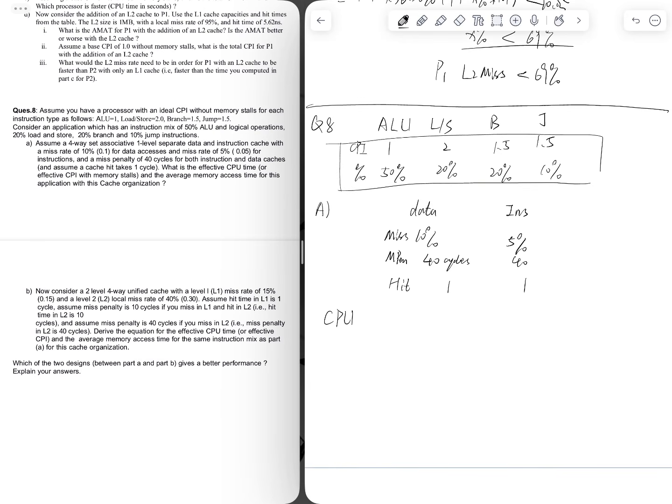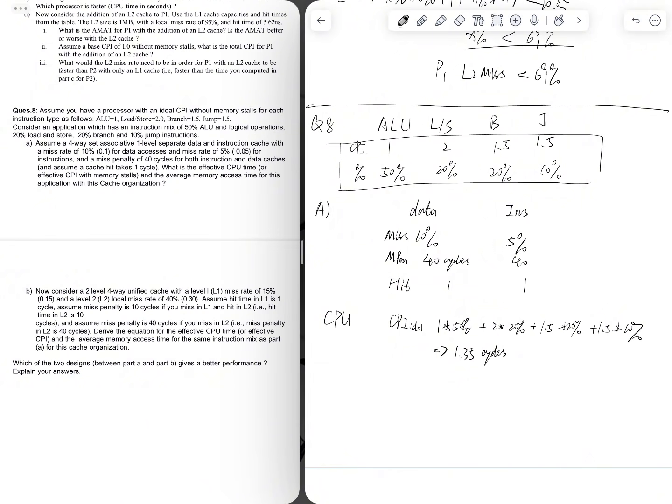CPI ideal will be 1 with 50%, and 2 with 20%, and 0.5 with 20%, and 0.5 with 10%. And this will give us 0.35 cycles. And here is the ideal value, right?